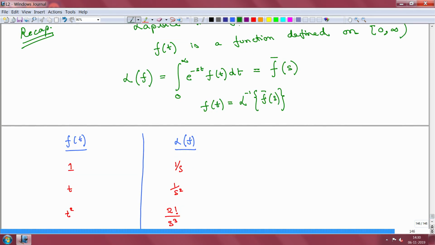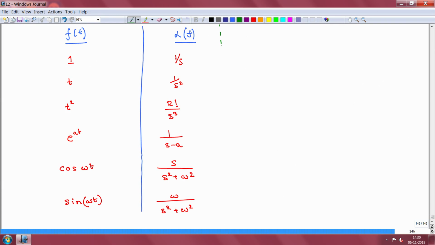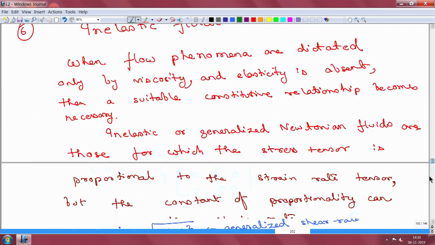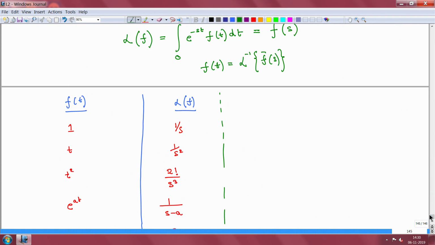Some other properties that are important. Let me just divide this space here. So Laplace of the derivative of f comes out as s times Laplace of f minus f evaluated at 0.